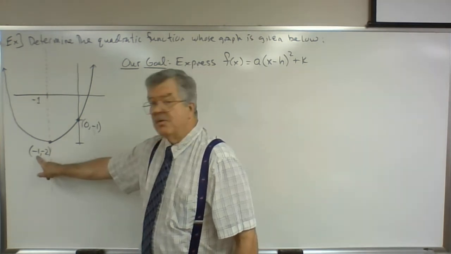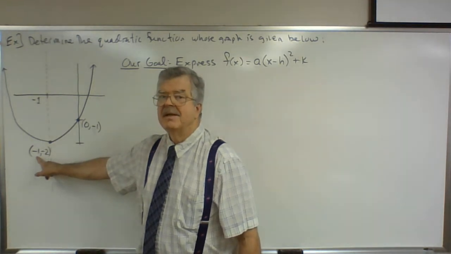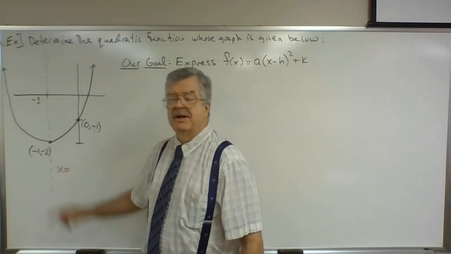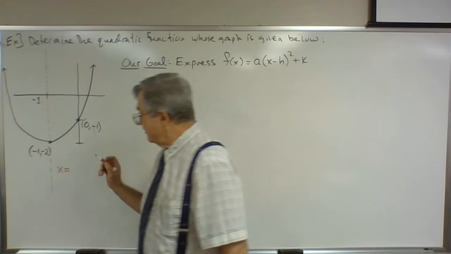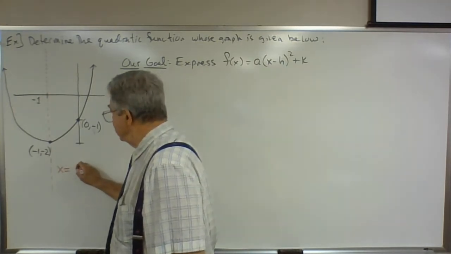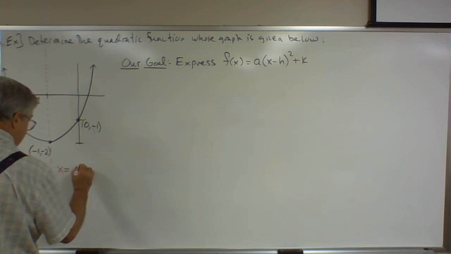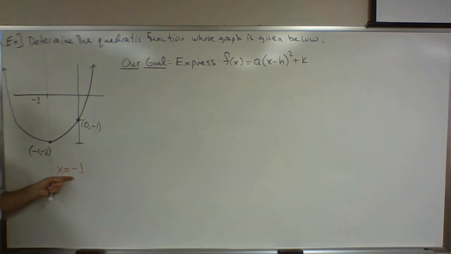So if we know the x-coordinate of one point on that line, we know the x-coordinate of every point on this line. And that equation, x equals the x-coordinate, is actually the equation of this line.